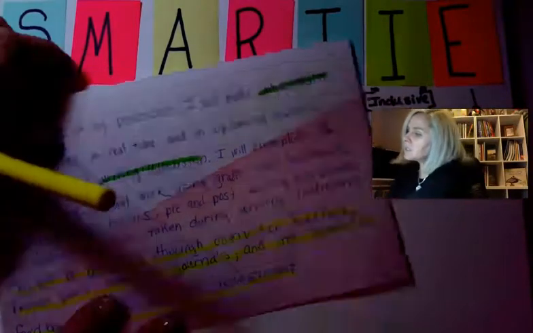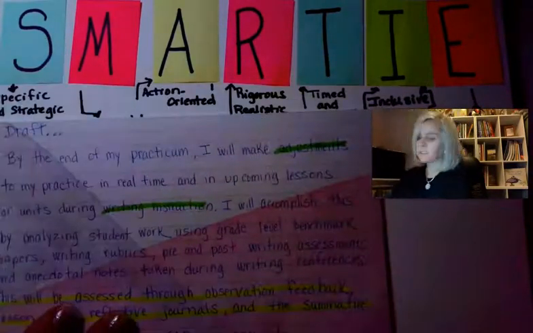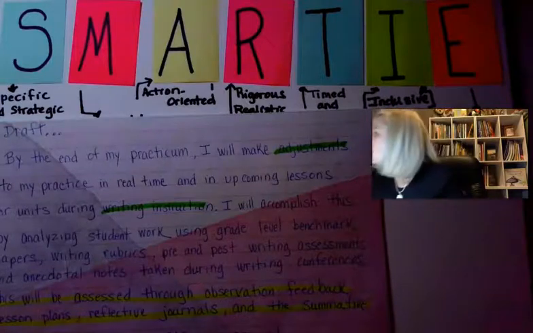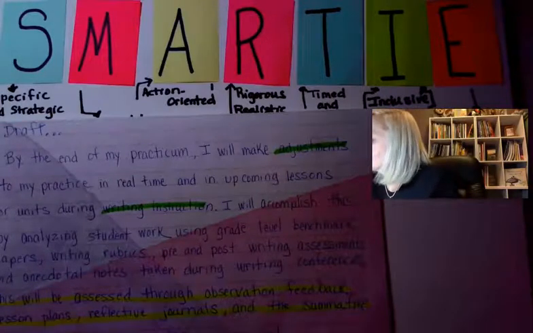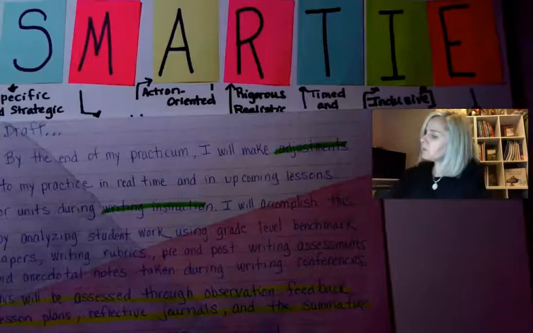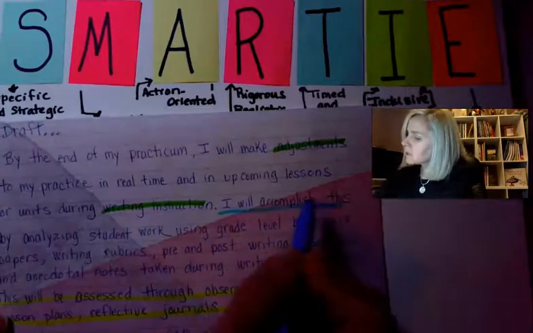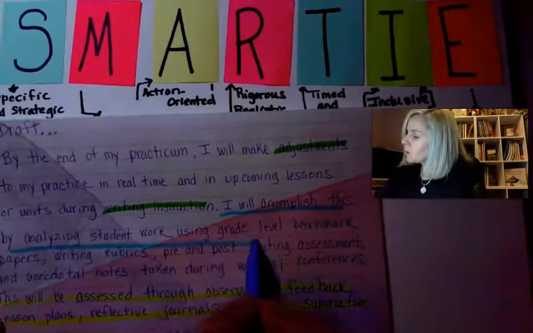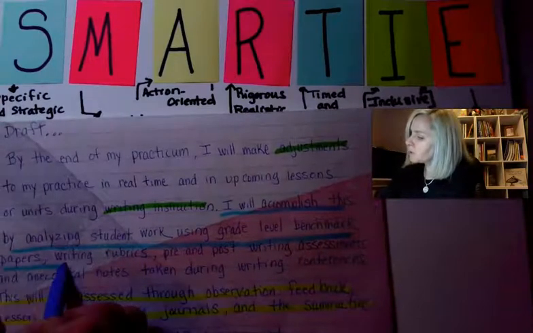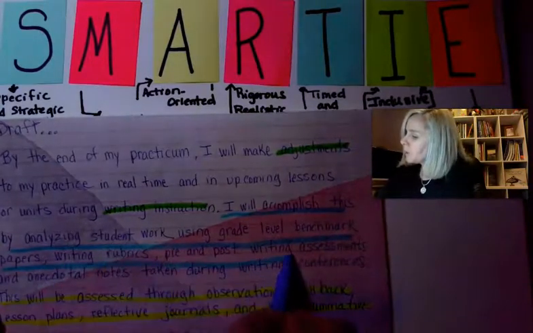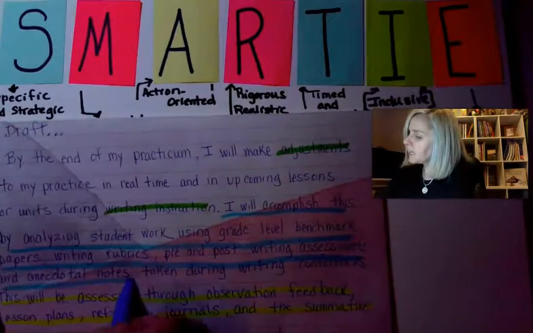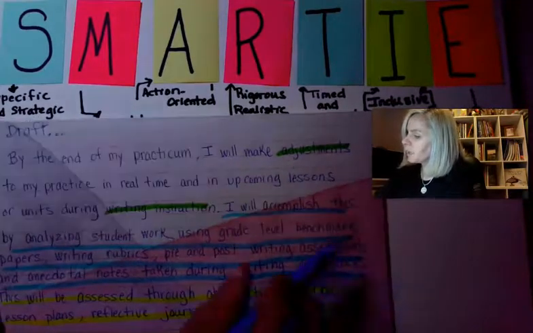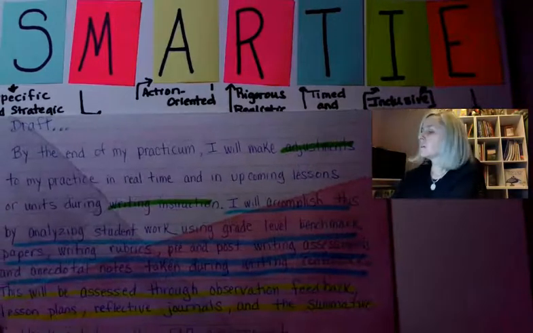Is it action-oriented? So how am I going to carry out this goal? So I will accomplish this by analyzing student work, grade level benchmark papers, writing rubrics, and pre and post writing assessments and anecdotal notes taken during writing conferences.